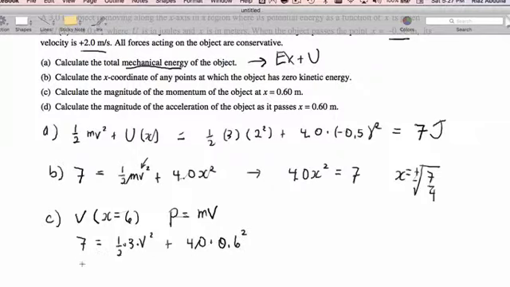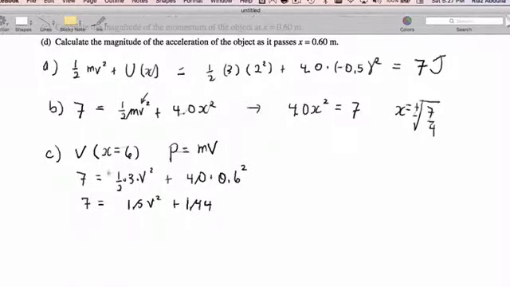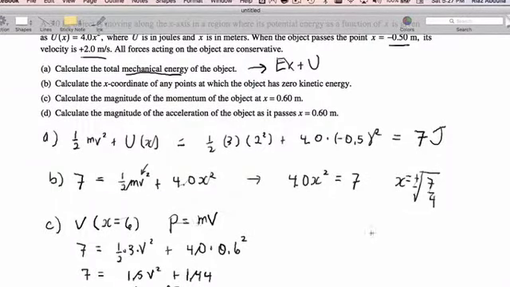So we can actually isolate V here. So 7 is 1.5 V squared plus, and then we'll take 0.36 times 4, which is going to give us 1.44. And so we're going to end up solving for V. And when we do that, we'll end up getting that V is 1.93 meters per second.